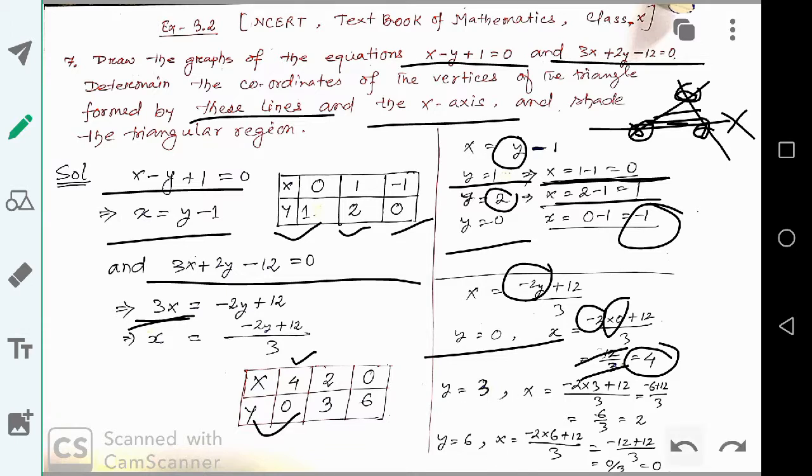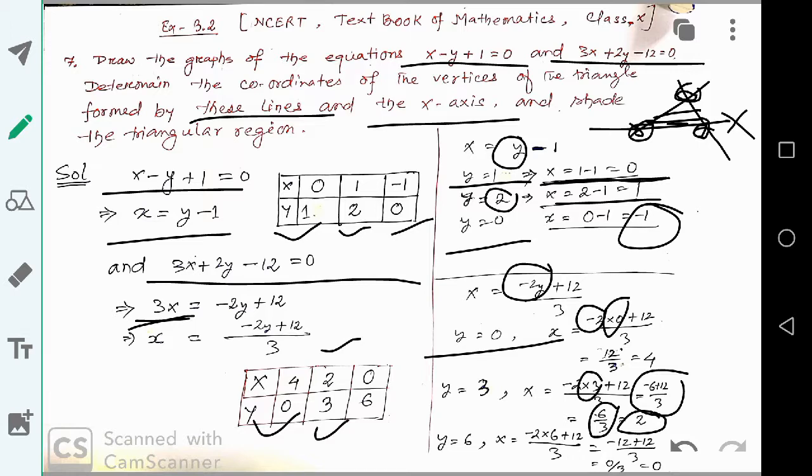Minus 2 into 3 is minus 6, and minus 6 plus 12 is 6, and 6 by 3 is equal to 2. So we have got 2, 3.